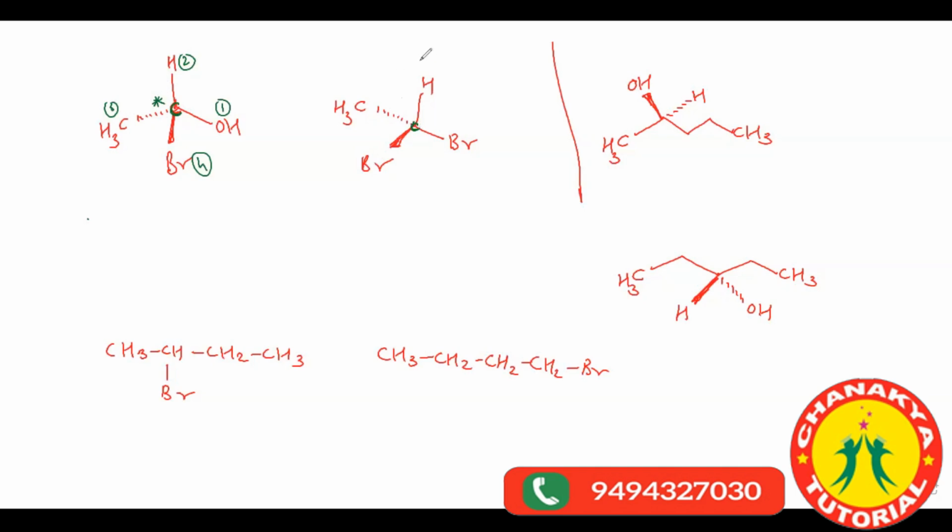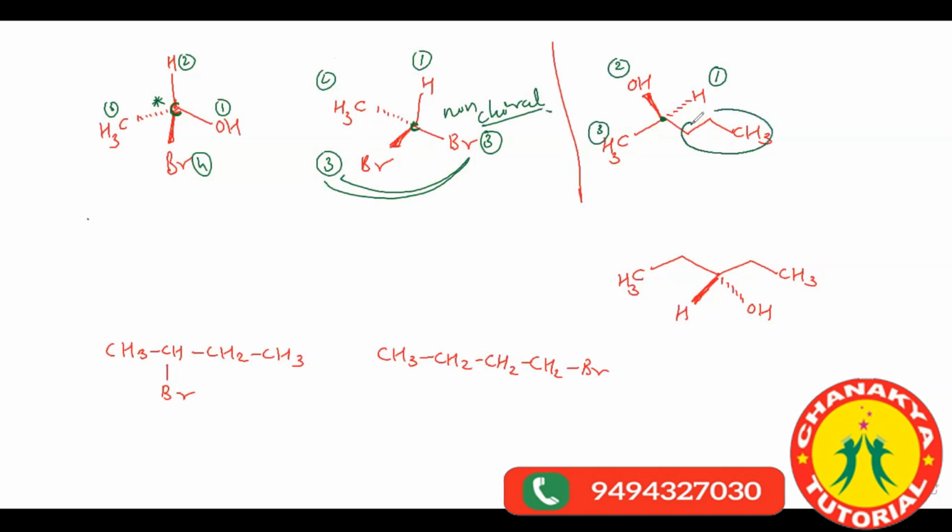Okay. Now, if you see the other one, this is a carbon attached to your first group, second group, and third group. But the third group and fourth group are identical. This is also the third group. As the two groups are identical, there are no 4 different groups, and hence it is non-chiral. Correct? Now, if you see this carbon atom, it is attached to your first hydrogen, second OH, third CH3 group, and fourth is nothing but this CH2, CH2, CH3.